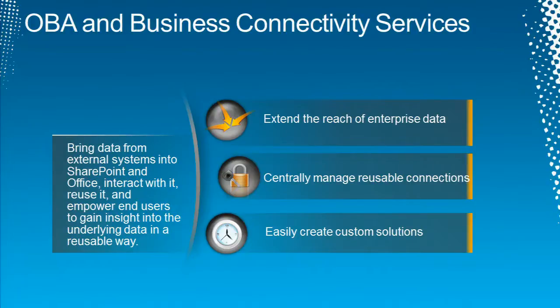That's very important, because otherwise people are just connecting to web services, and everybody wants to connect to the line of business data in a different way. This brings a nice way to scope that and for IT to manage and reuse that connection.